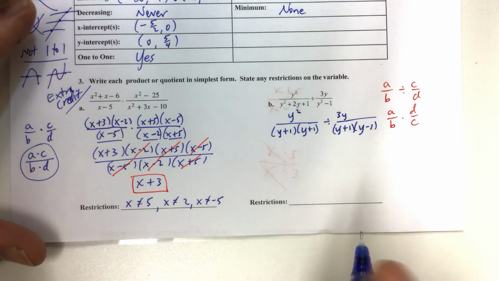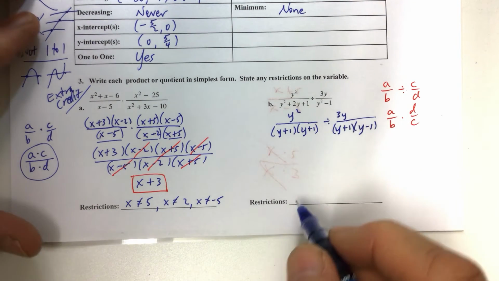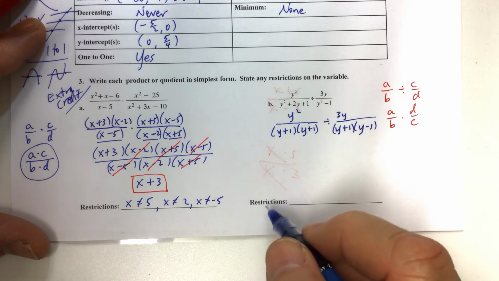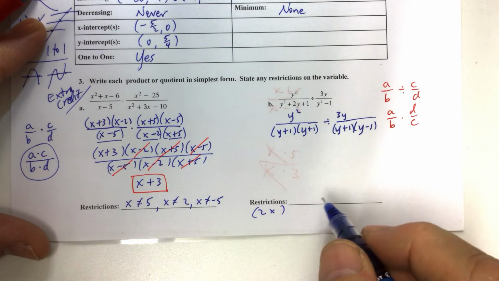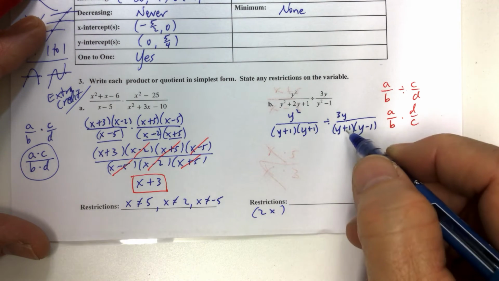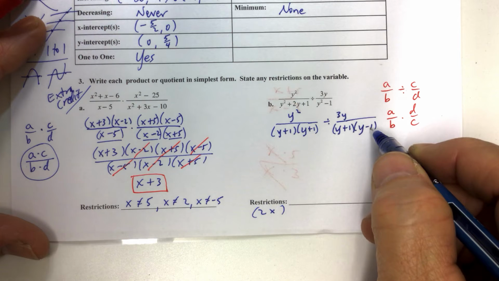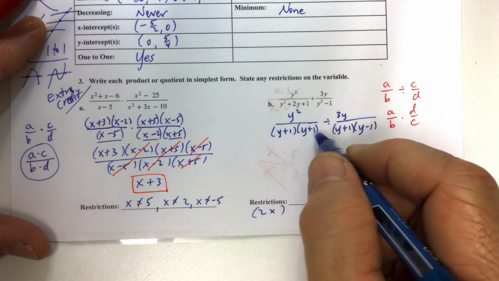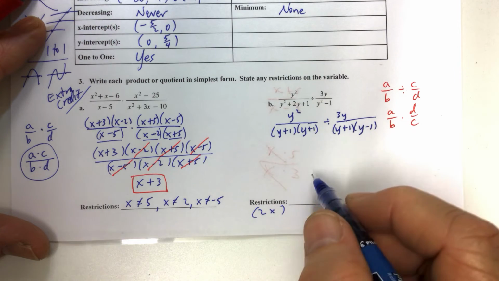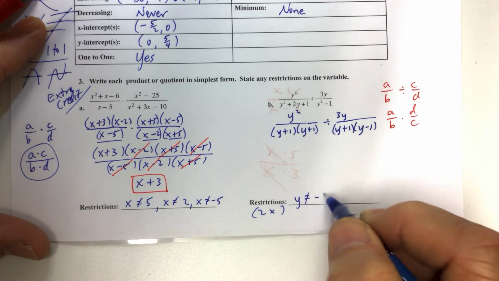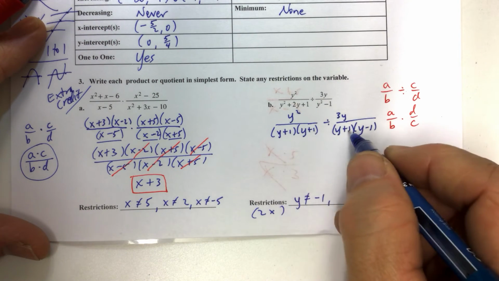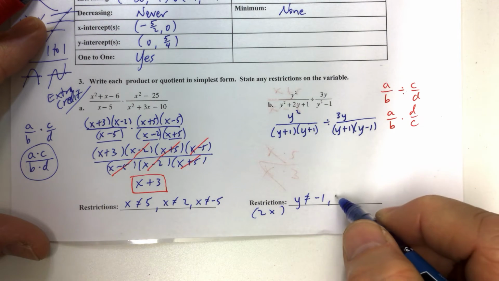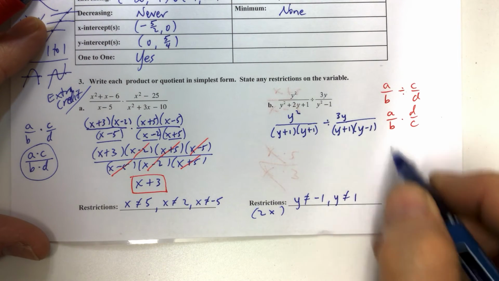But here's the deal. When we have division, we have 2 times when we have to look at restrictions. The reason why is that anything that's currently in the denominator, y is not allowed to be. So y is not allowed to equal any number that makes either denominator equal to 0. So y is not allowed to equal negative 1, because it makes the y plus 1's equal to 0. And y is not allowed to equal positive 1 also.